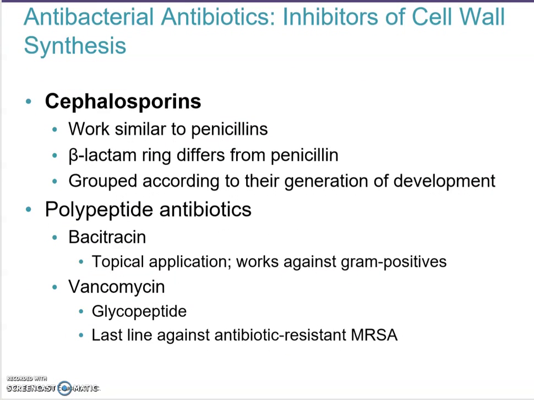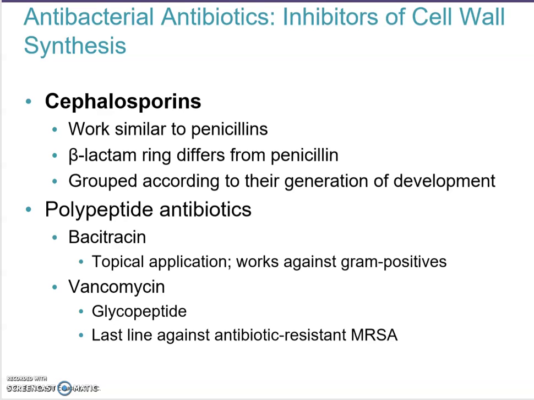Here, the cephalosporins, they work similar to the penicillins, but the beta-lactam ring is different from the one that you would find in penicillin. And we already talked about that they are grouped according to generation of development, like first, second, third, fourth generation.